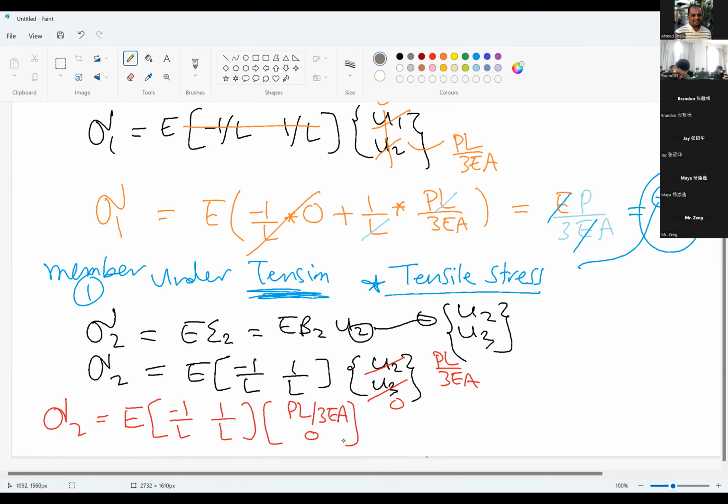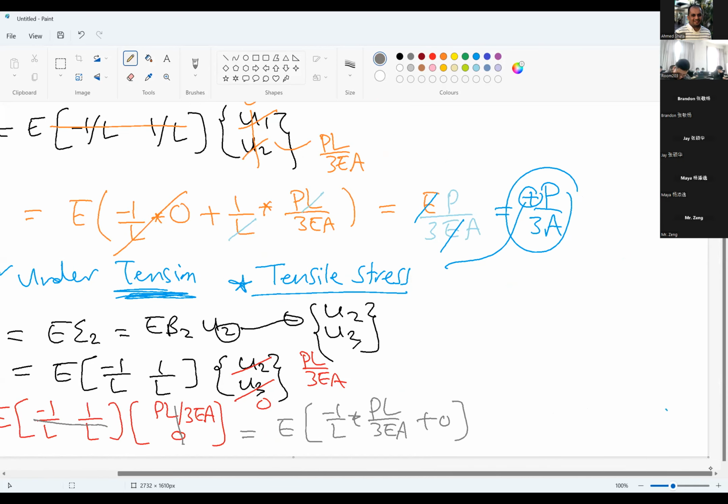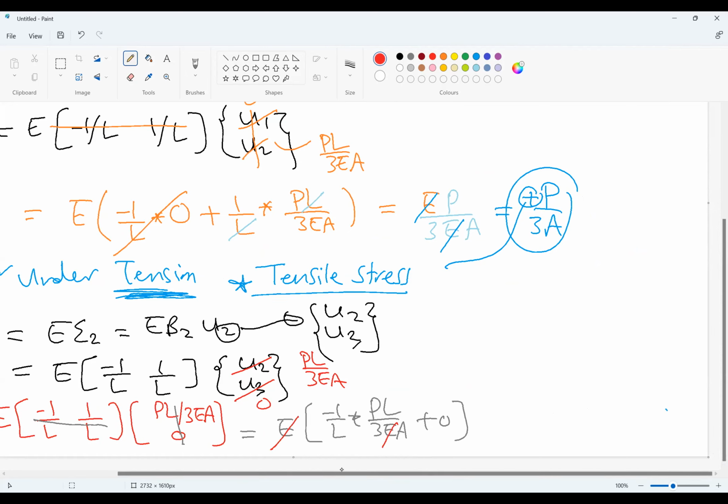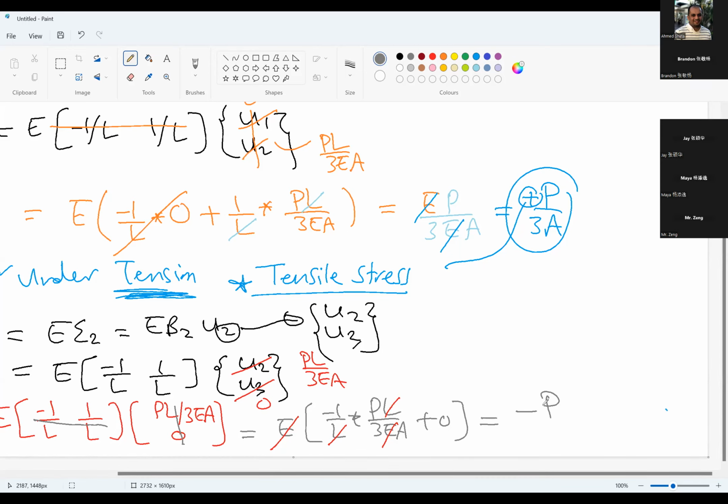So we again multiply row by column. It will be E negative 1 by L times BL by 3EA plus 0. If we cancel E with E, L with L, the stress in member 2 will be negative B by 3A.